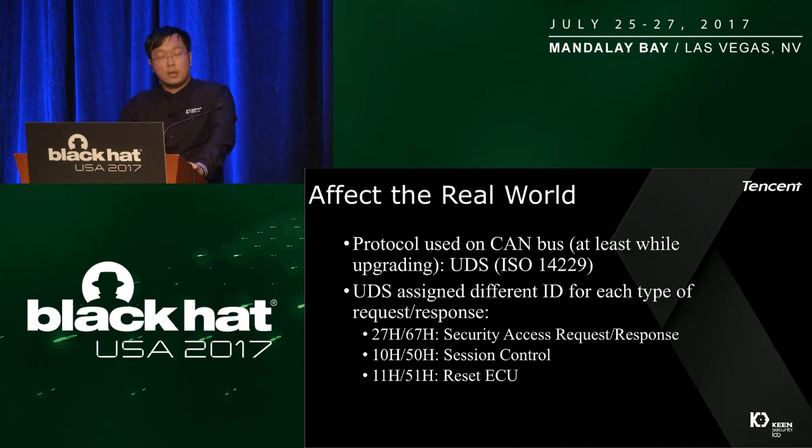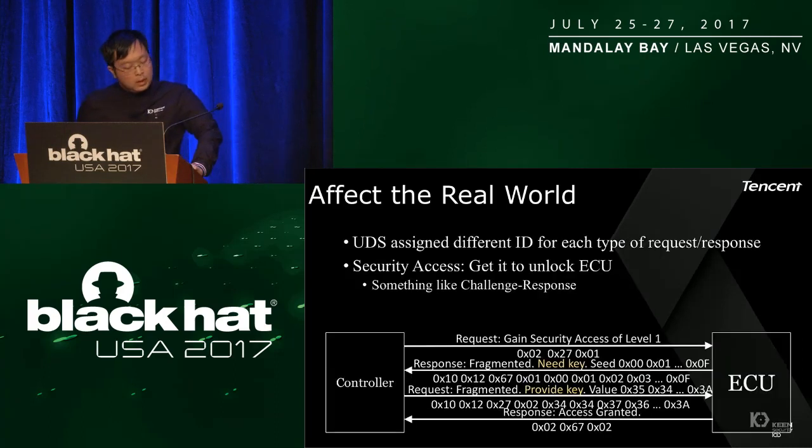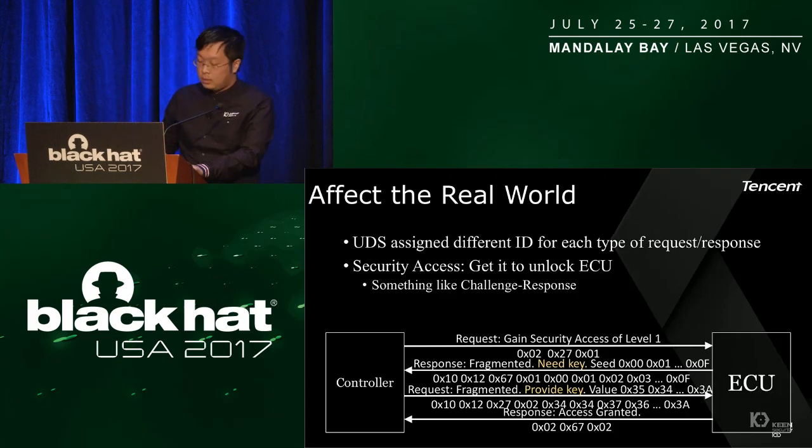The protocol used on the CAN bus, as you know, is UDS. UDS assigns a different ID for each type of request and response, for example, diagnostic session control and ECU reset. We are mainly focusing on security access. Security access is what you need to unlock the ECU.